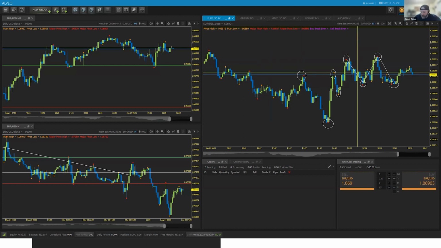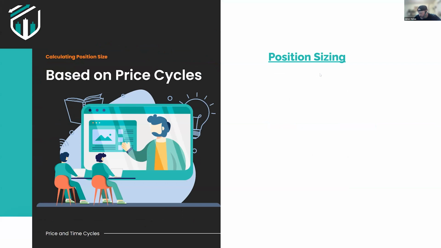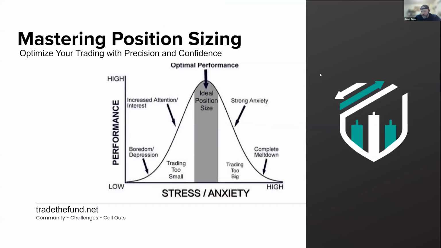But remember, that is a basis for you to start figuring this out, for you to start mastering your position size. So if you're in a normal market, you got 5 to 10 pips, you can trade normal position size. As a good guideline to get started, everybody's like, okay, Josh, what is the normal position size?